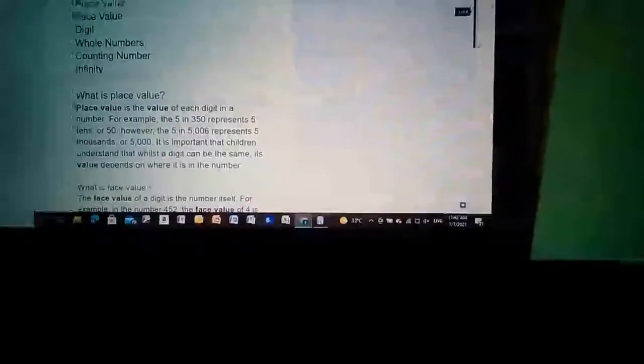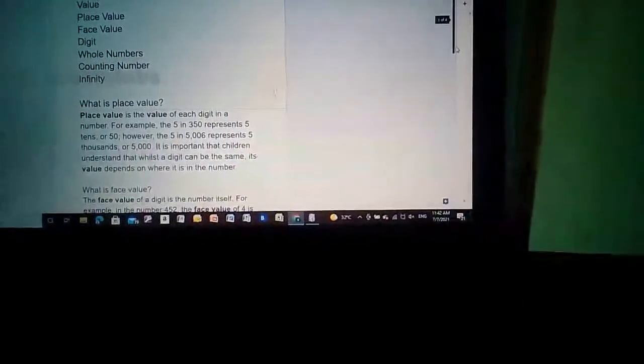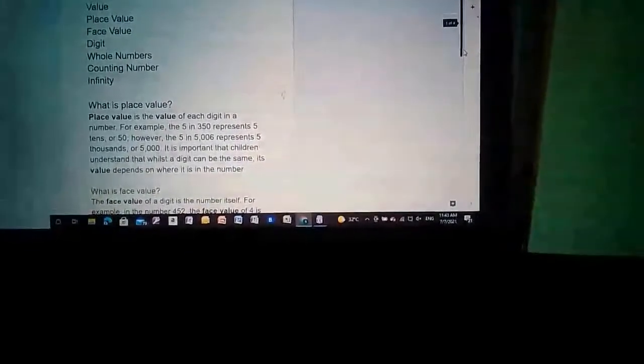So place value is the value of each digit in a number. For example, the 5 in 350 represents 5 tens or 5 times 10. Or in 5,000, it represents 5,000, in words or in numeral 5,000.